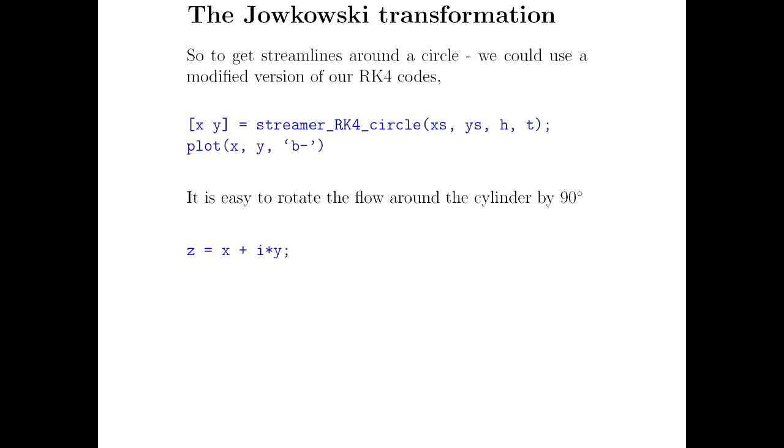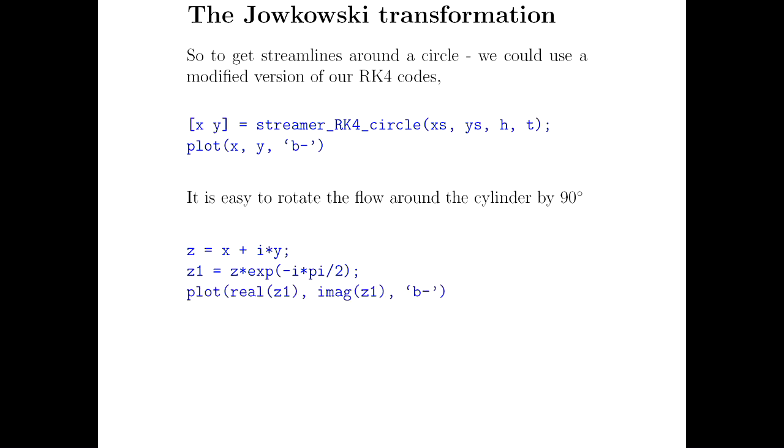Now, what I can do next is easily rotate the flow around the cylinder by 90 degrees. Remember, we have this conformal rotation, which is just Z1 equals Z times e to the negative i theta, where theta now is just pi over 2. So we have rotated it by 90 degrees.